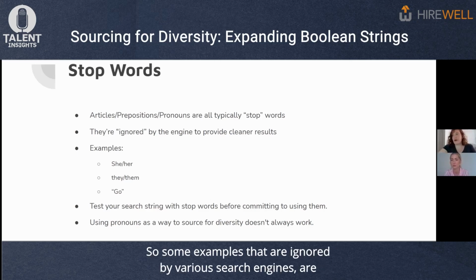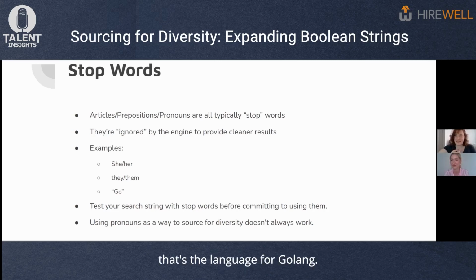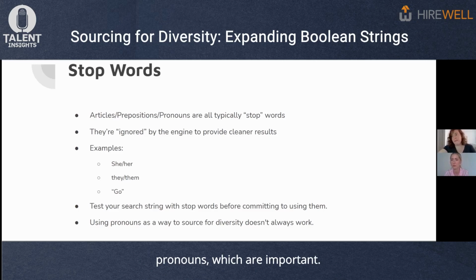Shake, right? Some examples that are ignored by various search engines are she, her, they, them, and then go, which I included because that's a language, Golang. A lot of examples of diversity sourcing for gender have talked about including pronouns, which are important.